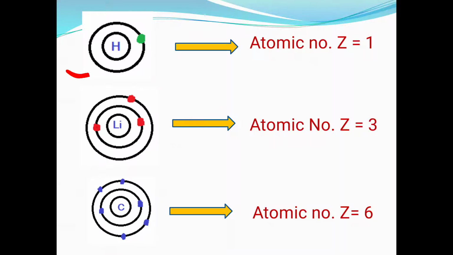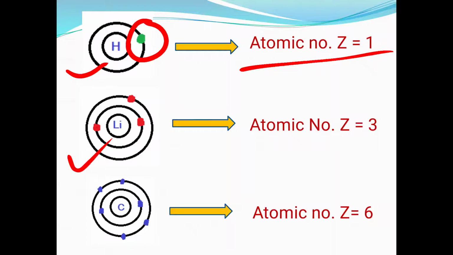See here in the hydrogen atom, hydrogen has one electron in its outermost orbit, right? That's why its atomic number becomes 1. Lithium has 3 electrons in it, that's why its atomic number becomes 3. Carbon has 6 electrons in its orbit, that's why its atomic number becomes 6. Okay, so each and every element has a unique number of electrons, that is, unique atomic numbers.